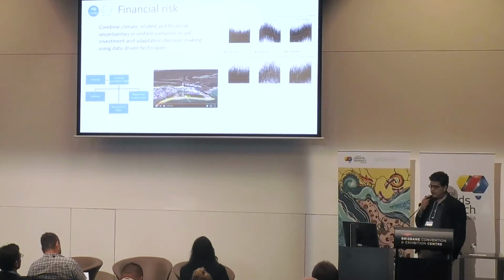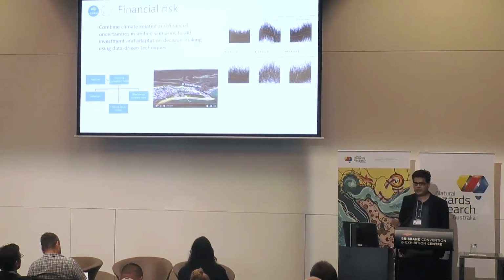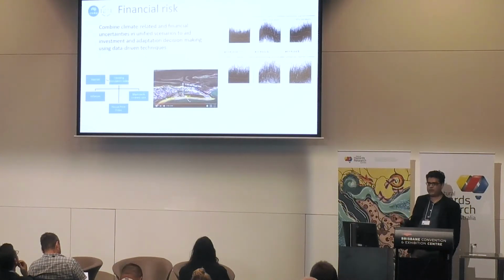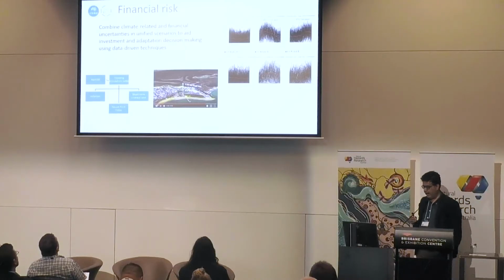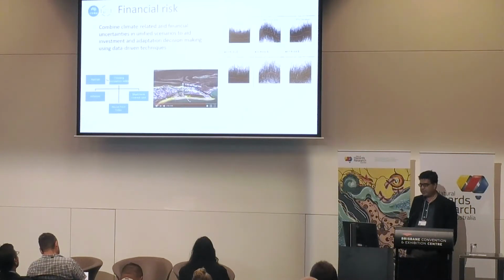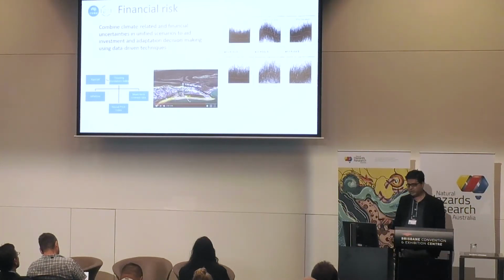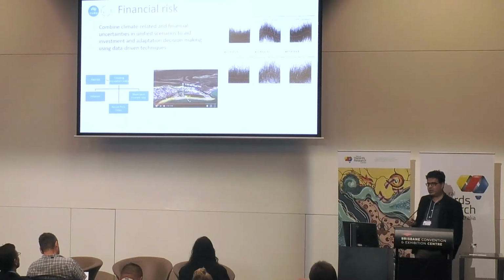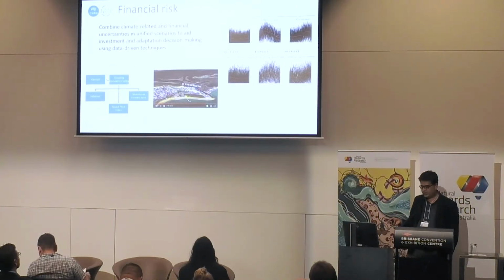The second example is more focused on climate-related financial risk and uncertainties. This is the confluence of financial modeling and climate modeling. What we are trying to do there is understand the impact of climate change on a range of financial investments.